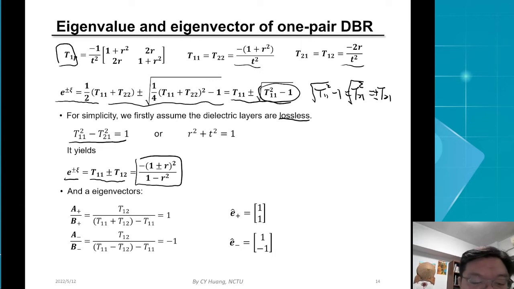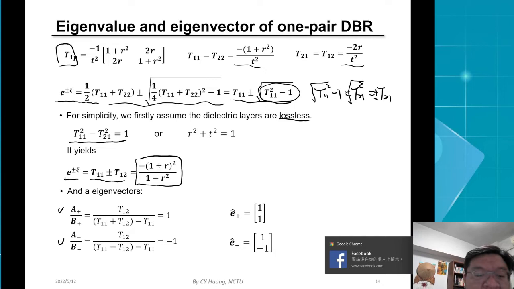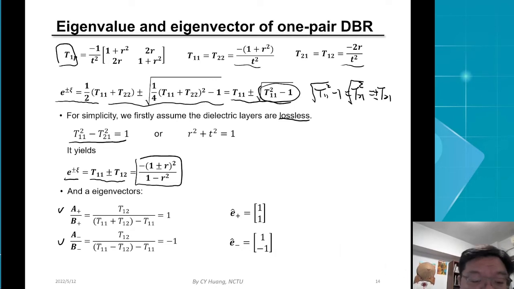Alright, then we can further expand the result here as described on the previous page. We find that if we take the positive term, the exponential is T11 plus T12. So the ratio A over B, between the input and output power, will be equal to 1.